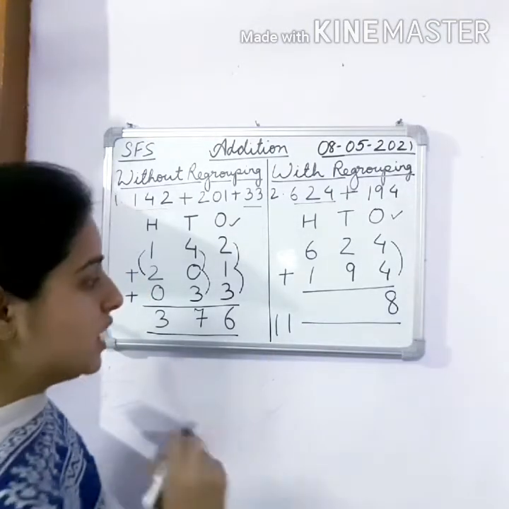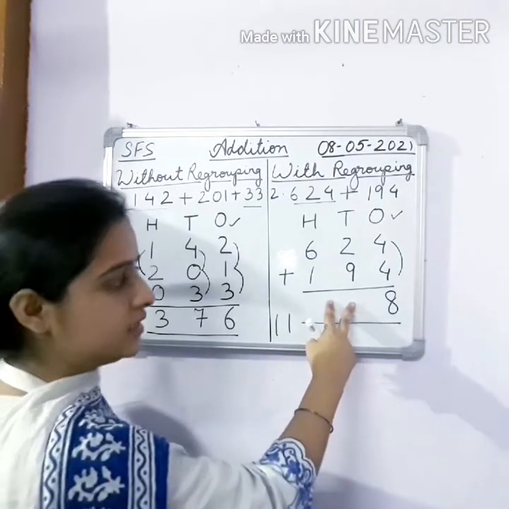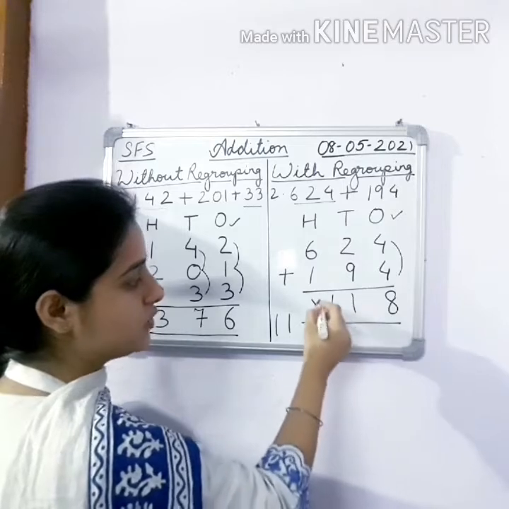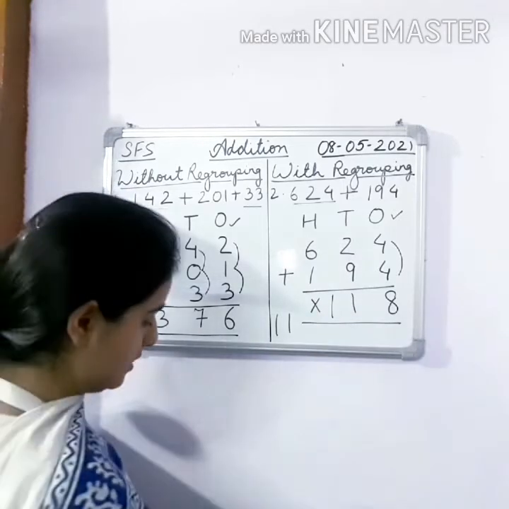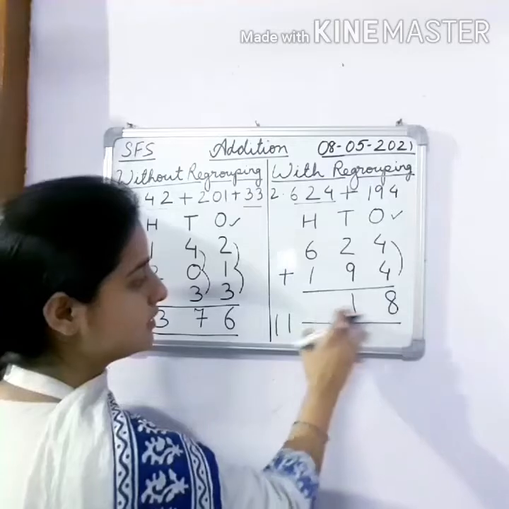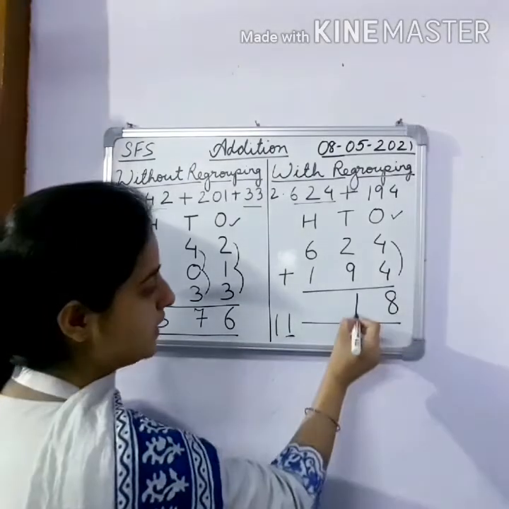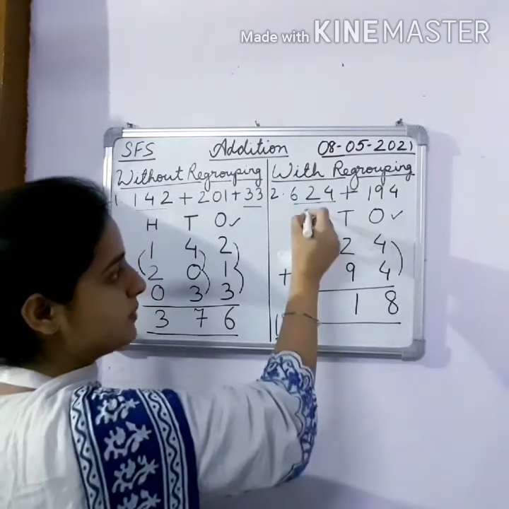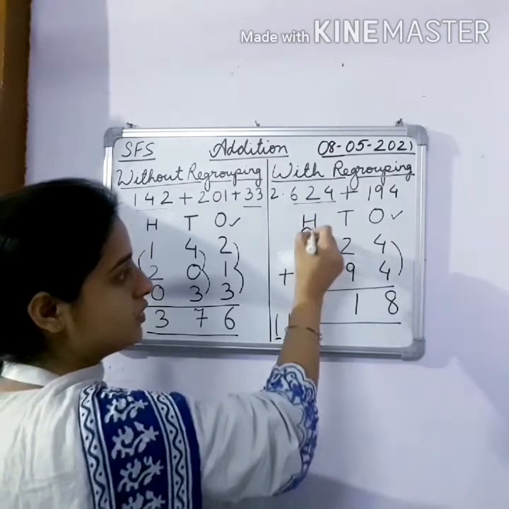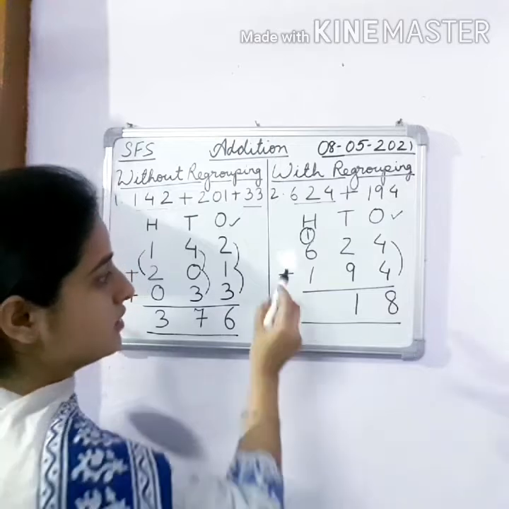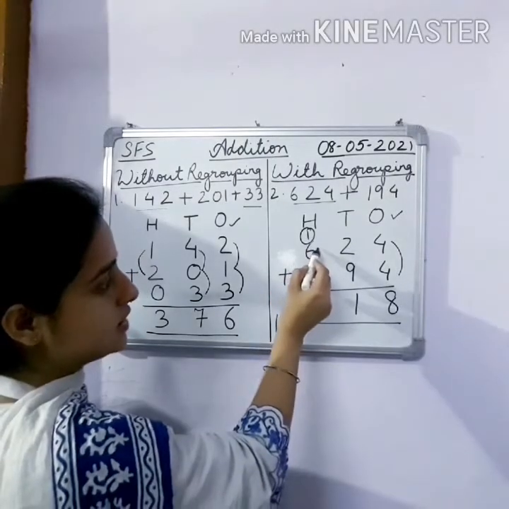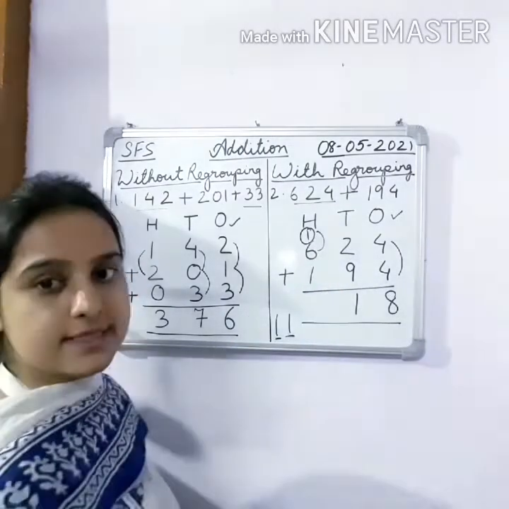Two numbers we cannot write here together. It will be wrong. Don't do this. So we will write only the ones digit here, and the other goes to the tens place, carried over. Okay, children, here let's do the addition then. 6 plus 1 is 7.